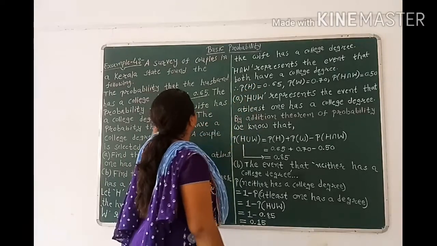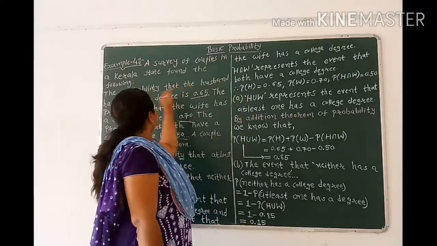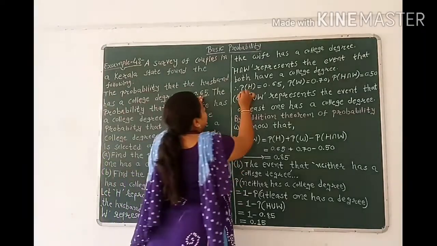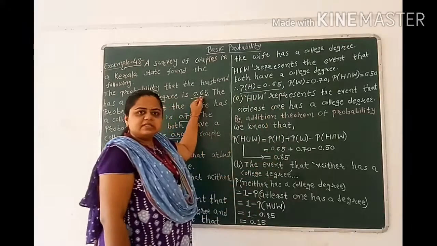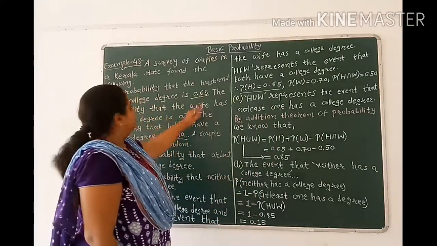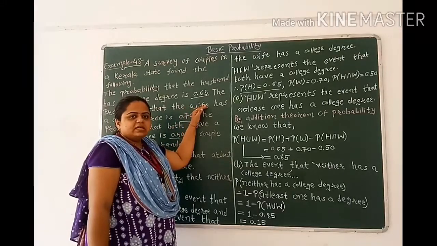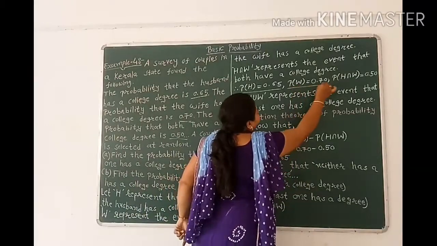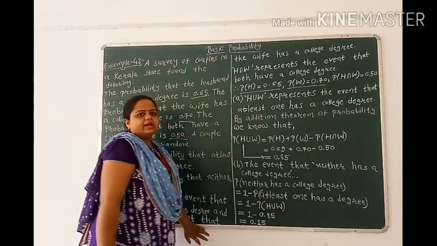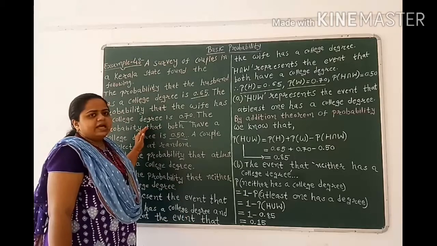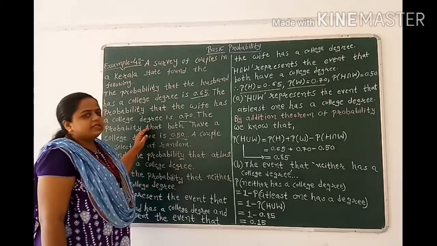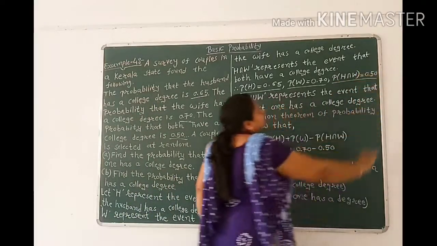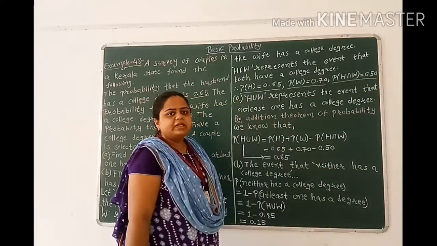Here we are given the probability that the husband has a college degree is 0.65. So probability of H equals 0.65. Also the probability that the wife has a college degree is 0.70. So probability of W equals 0.70, and the probability that both have a college degree is 0.50. So probability of H intersection W equals 0.50.